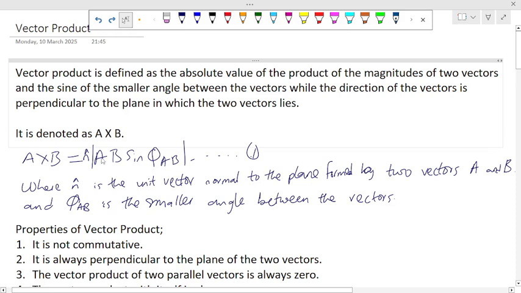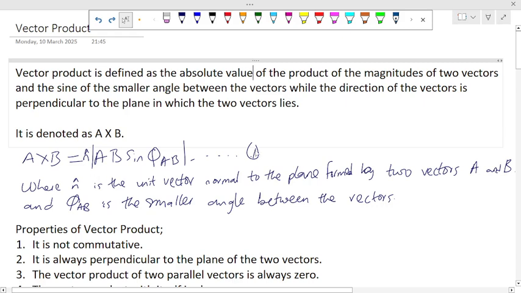That means you have A and B multiplying themselves, the magnitude of the two vectors, and then the sine of the smaller angle, sine phi AB, where phi AB is the angle between A and B. So you have A times B times sine phi AB. Then you put this sign, representing absolute value, here and here.